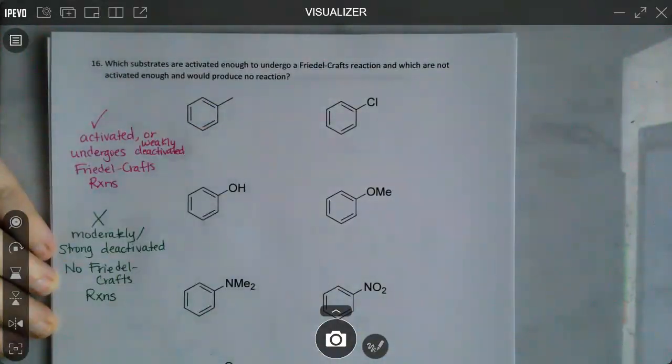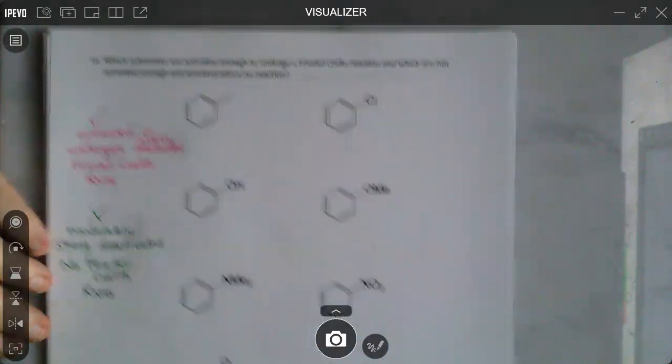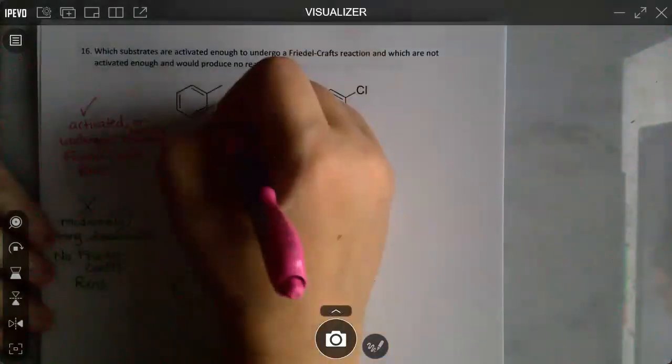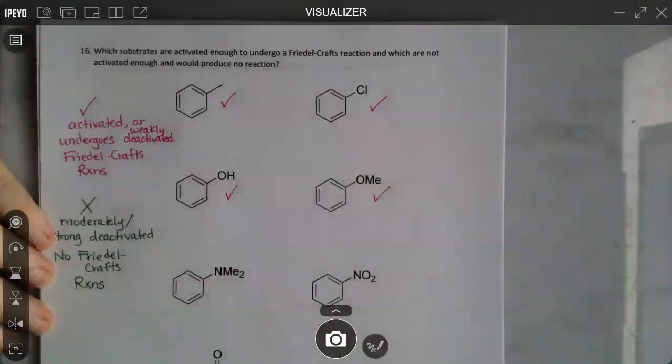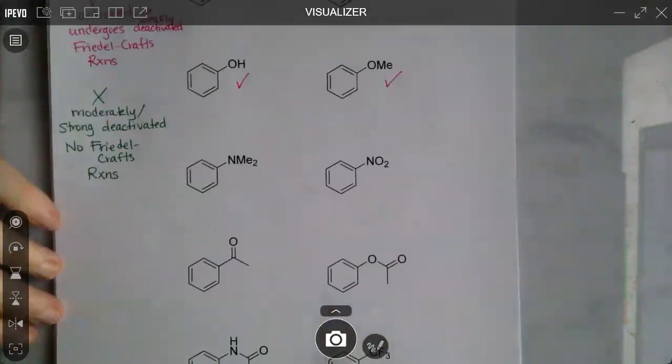Okay, so all we need are checks and X's. So this one, again, is weakly activated. Weakly deactivated is fine. Strongly and moderately activated will definitely work. Here's another strongly activated compound.